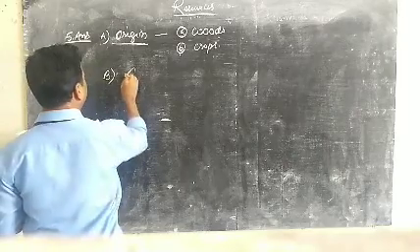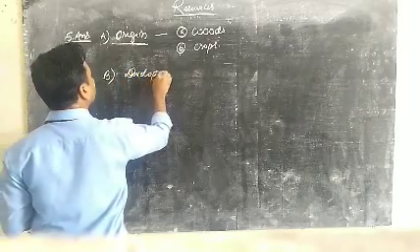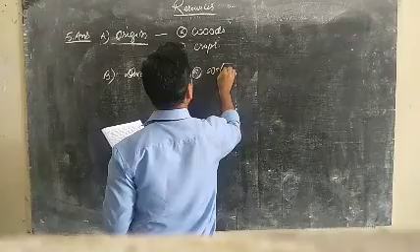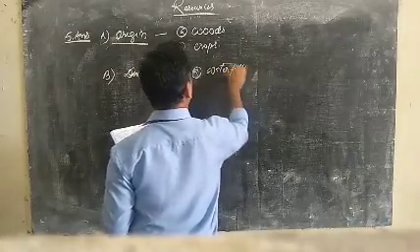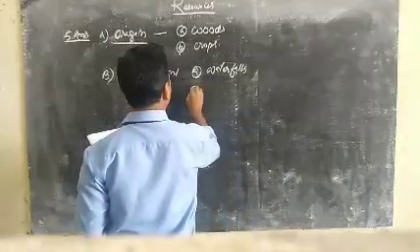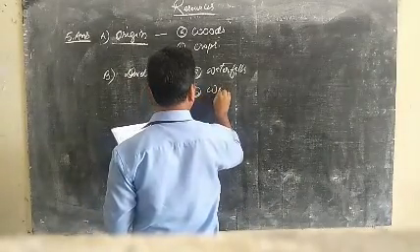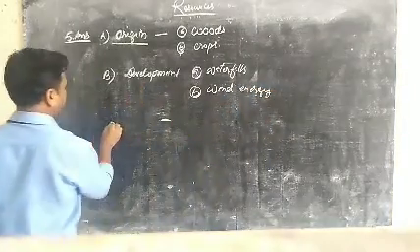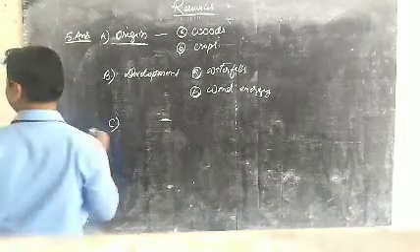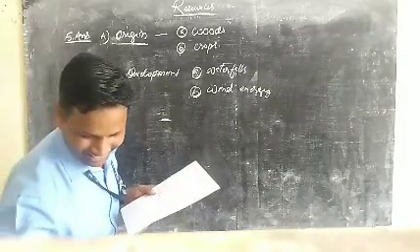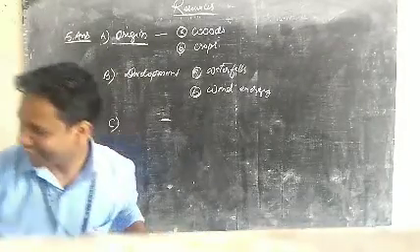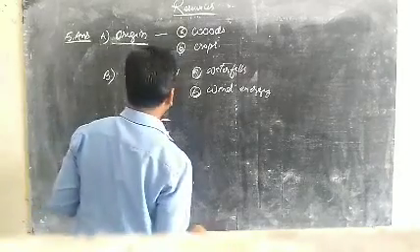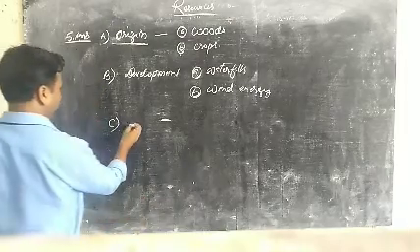B, development. A will be waterfalls. And B is wind energy. C, distribution.